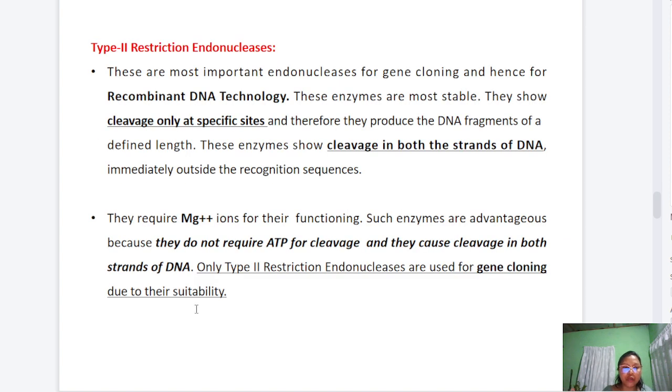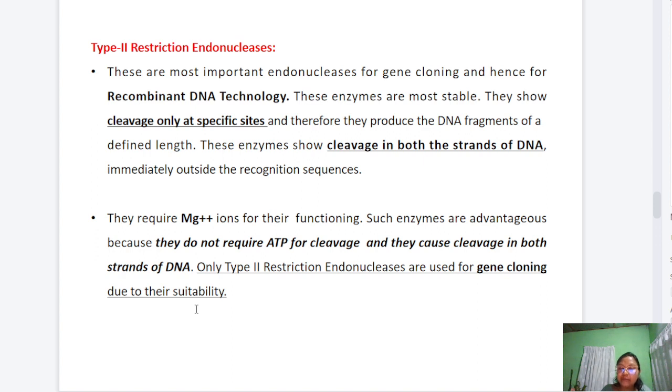So let us move on to type 2 restriction endonucleases. Whenever we say that restriction endonuclease was a great revolution or a great discovery where molecular biology was taken to a higher height, it is because of this type 2 restriction enzyme.